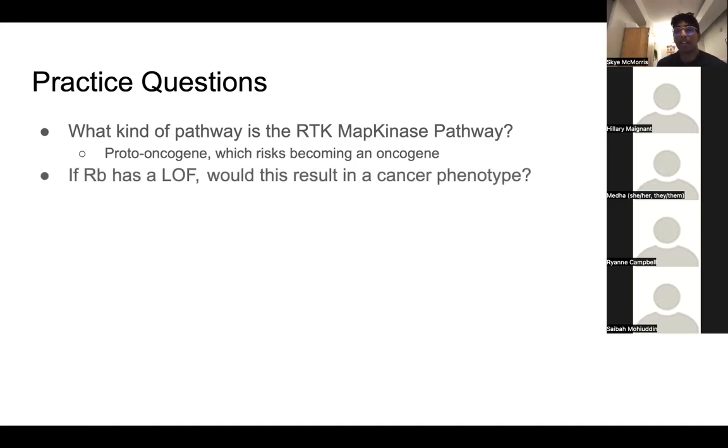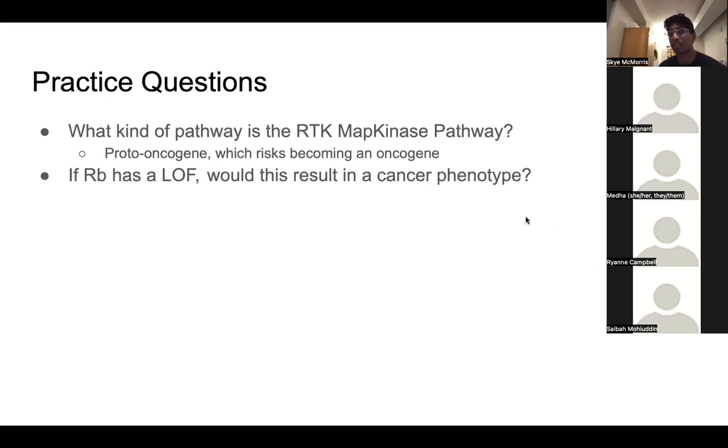So if RB has a loss of function, would this result in a cancer phenotype? To answer this question, the first step is: is RB a proto-oncogene or a tumor suppressor? Tumor suppressor. Yes, it is a tumor suppressor.